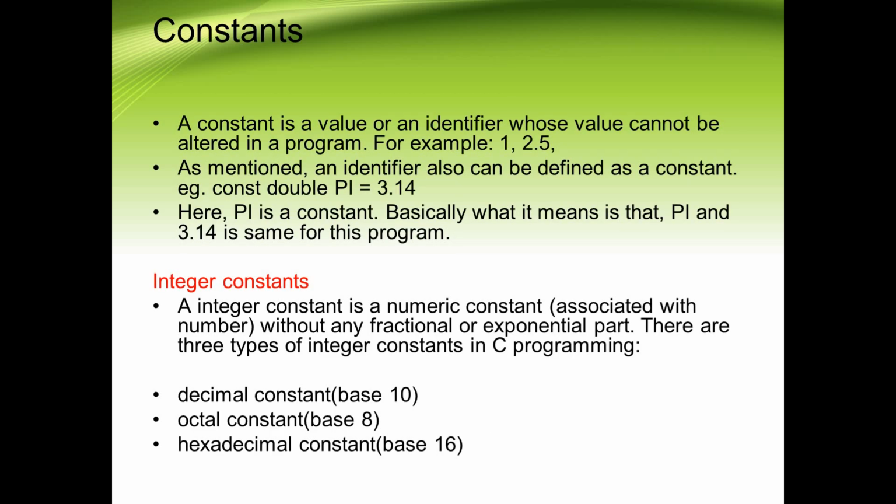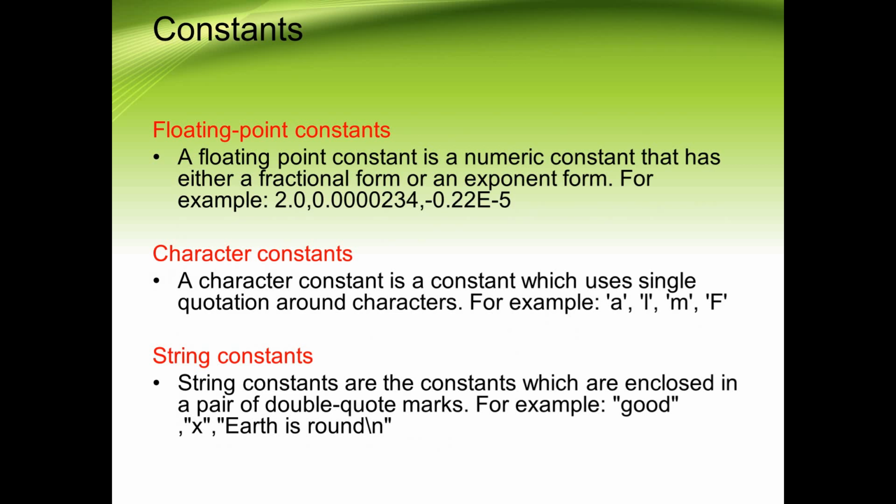There are some constants also, like 3.14, which is the value of pi. So pi is basically a constant. Similarly, there are decimal constants, octal constants, and hexadecimal constants in our C language.